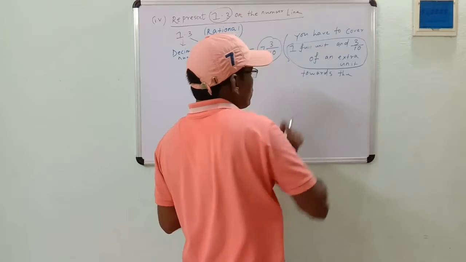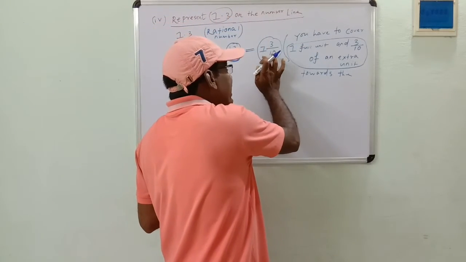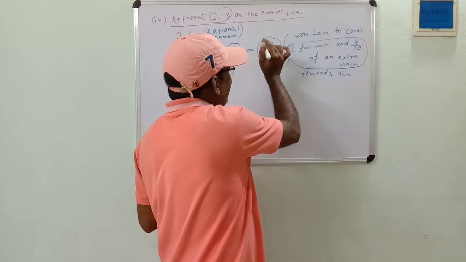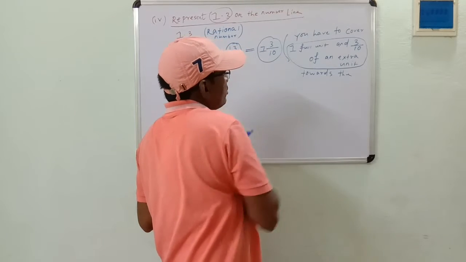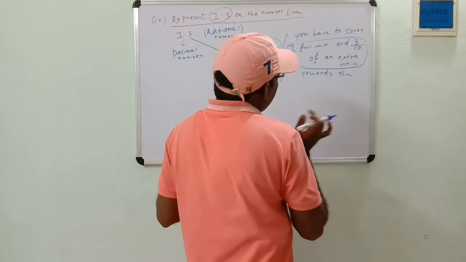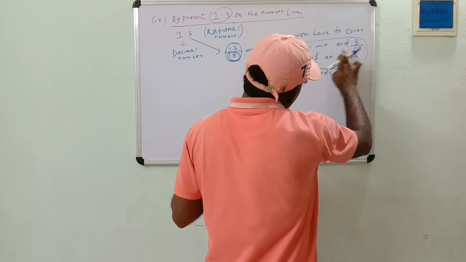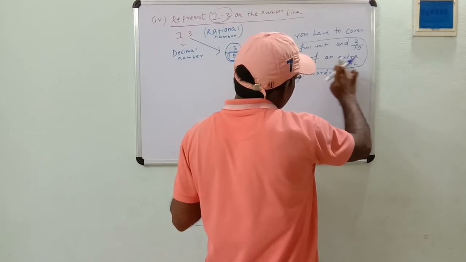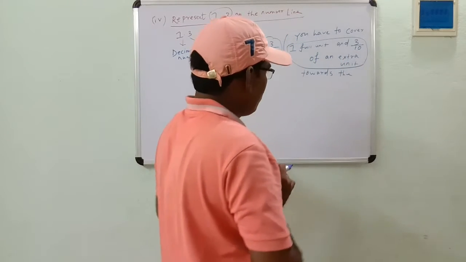Towards the left. What I said? If it is in negative form, or if there is any minus sign before it, then you have to cover the same distance, that is 1 full unit and 3 by 10 of an extra unit, only in the left direction.